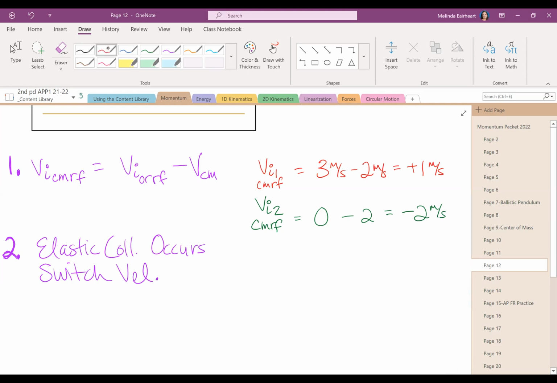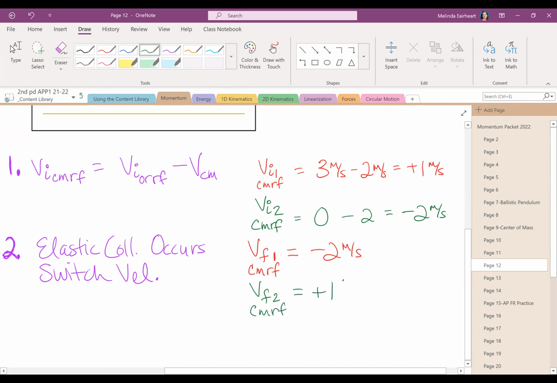And so my red, this is the final velocity after the collision for object 1, but we're still in the center of mass reference frame. So it would be a -2. And the final velocity for our second object in the center of mass reference frame would be a +1. No, something's not right.